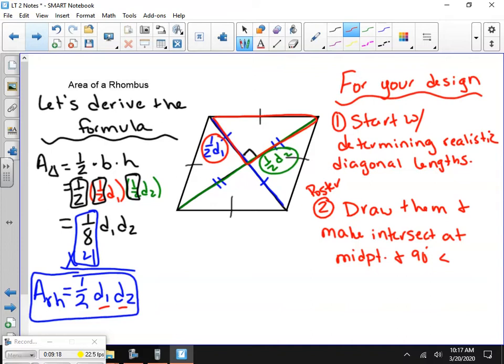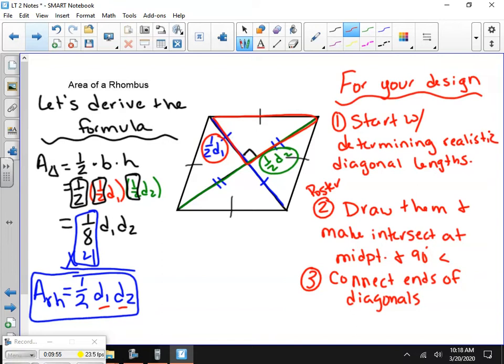So once I draw the diagonals, then you can connect the ends of the diagonals. And you'll have your rhombus. So it's very important that your diagonals intersect at the midpoint and are 90-degree angles. So make sure you use your ruler. If you want to use a compass and do a perpendicular bisector like we did in Unit 1, you can. It's up to you. All right.